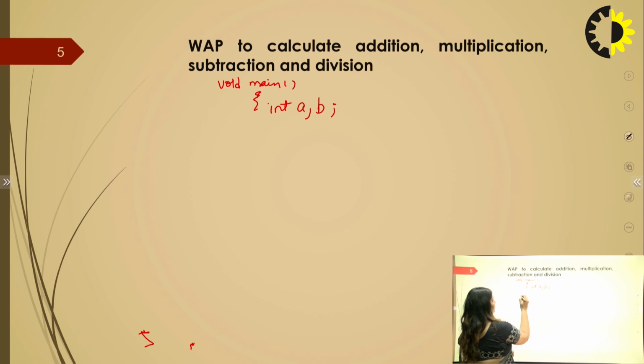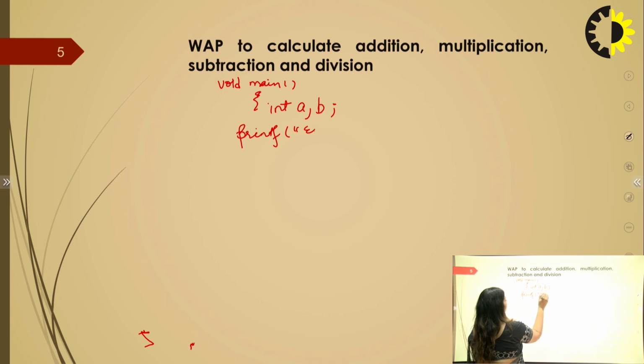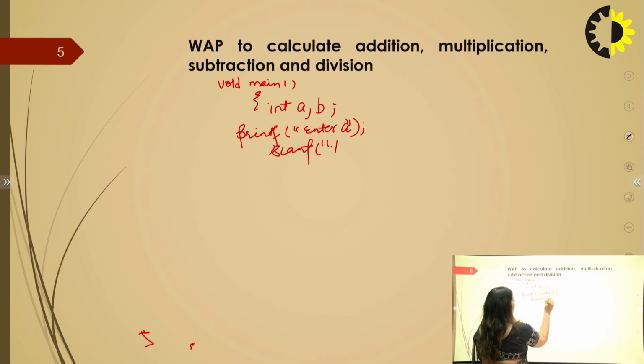Okay, so here I'll write printf just to display this string: Enter a. And to input we have scanf %d ampersand a.